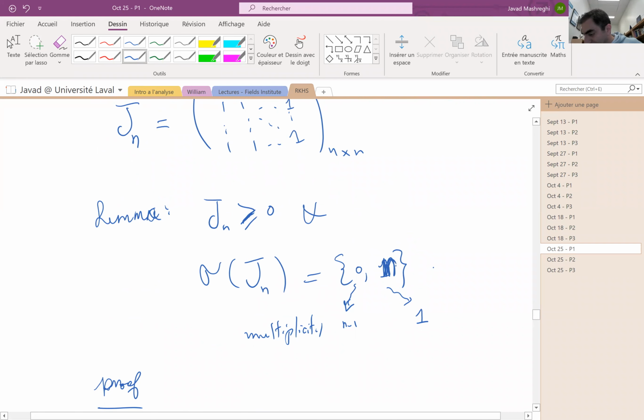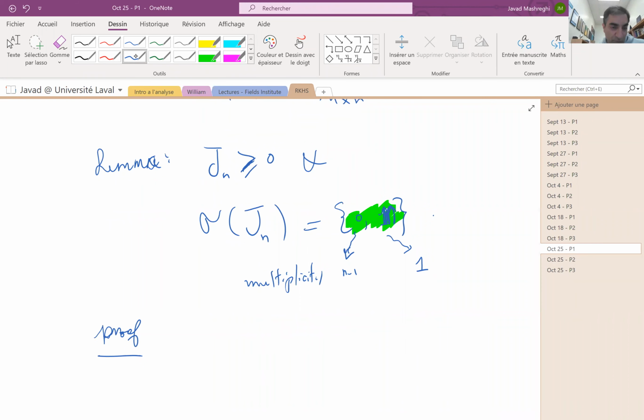I will add in the proof I added here myself by hand. I wrote the determinant of lambda minus Jn is lambda exponent n minus 1 times lambda minus n, which makes this correction. Thank you for pointing this out. So it's 0 and n.